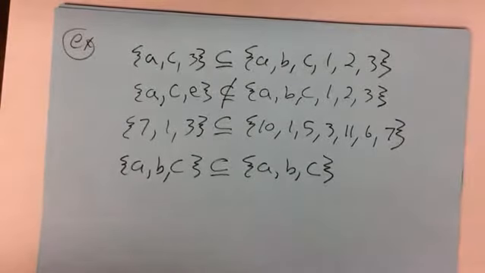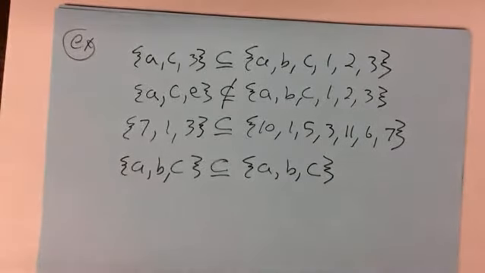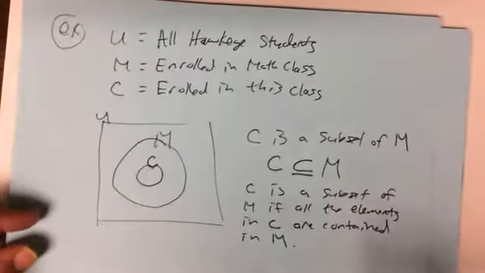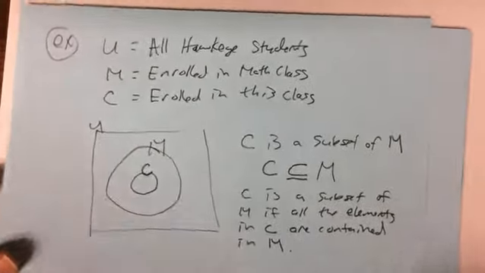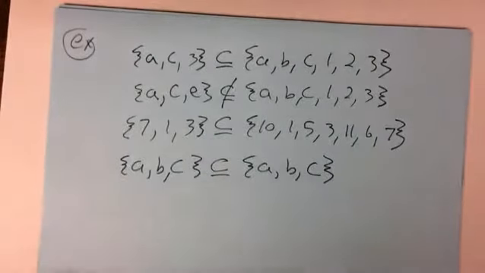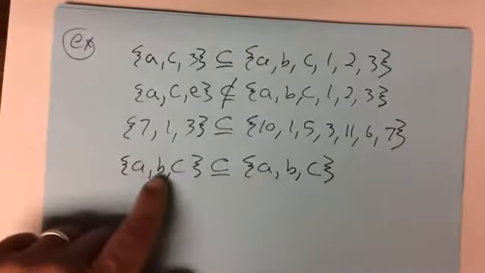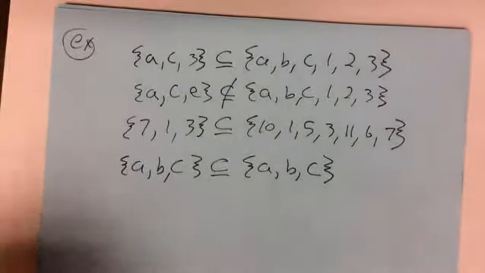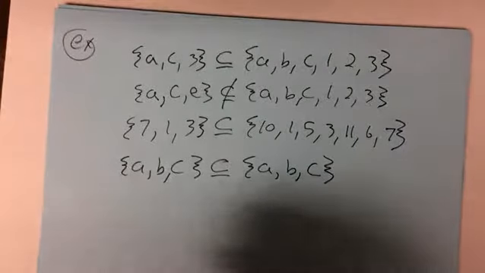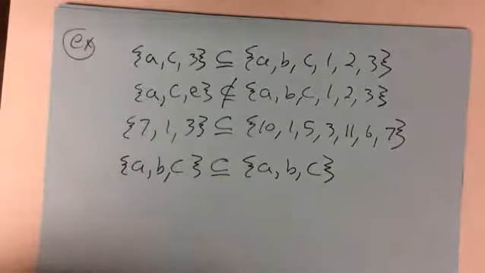And I get that, because we think of subsets as smaller sets contained within a larger set. But remember, the definition is C is a subset of M if all the elements in C are contained in M. If I check, A is over there, B is over there, and C is over there. So by the definition, this ABC would be a subset of ABC.